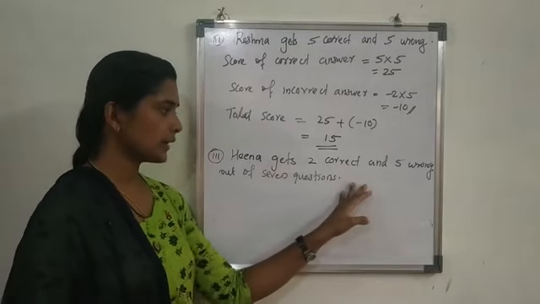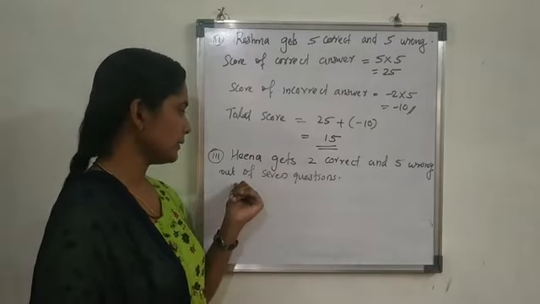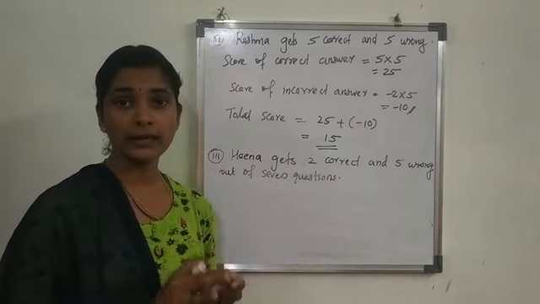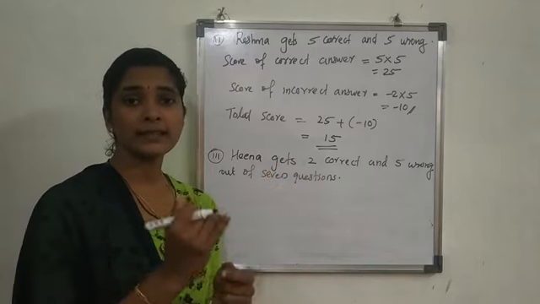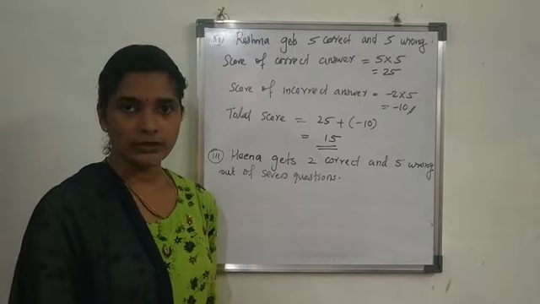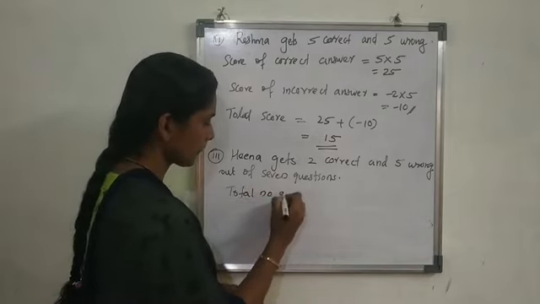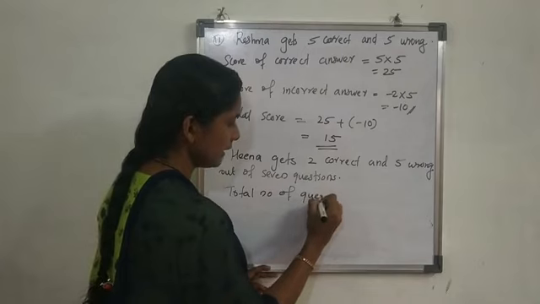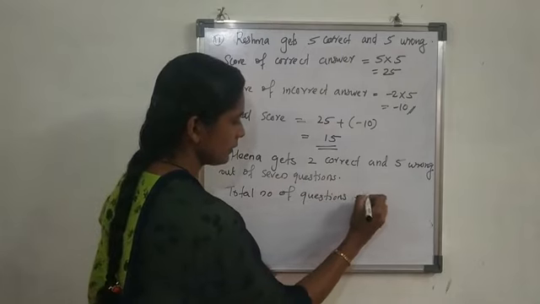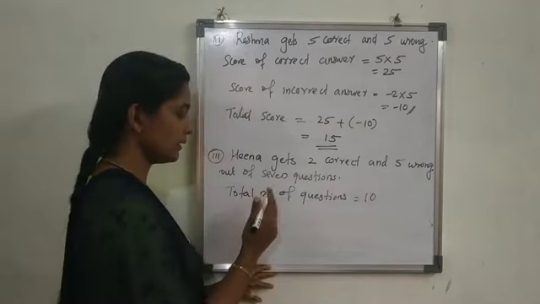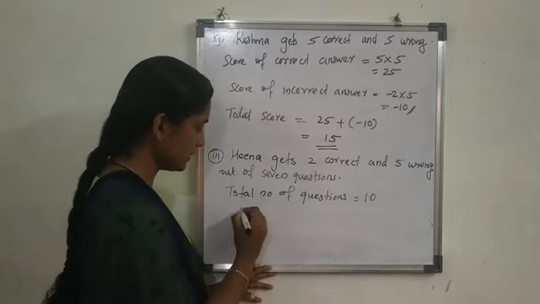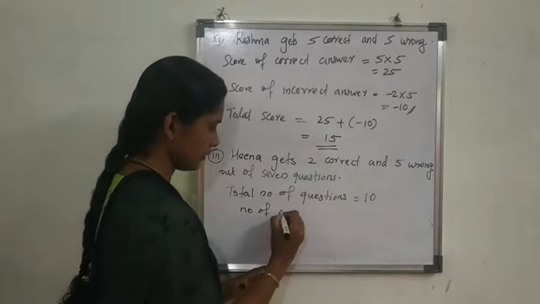Tina gets 2 correct answers and 5 wrong answers out of 7 questions. Total 10 questions are there. She only attended 7 questions. Total number of questions is 10. Then how many did she attempt? The number of questions she attempted is 7.